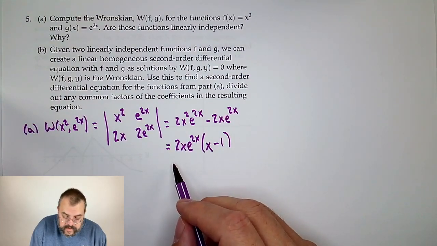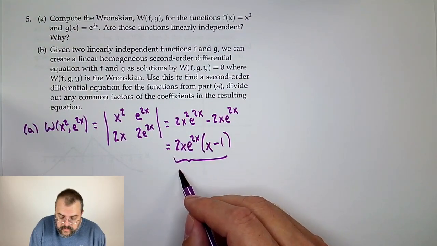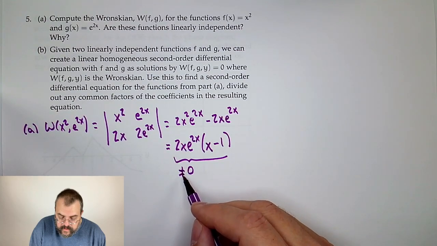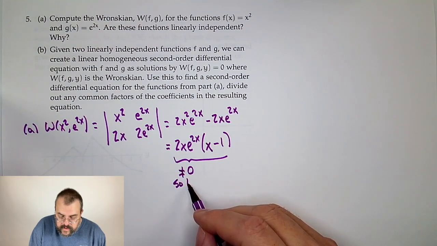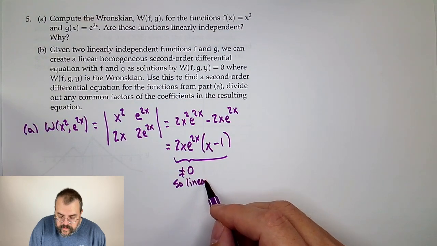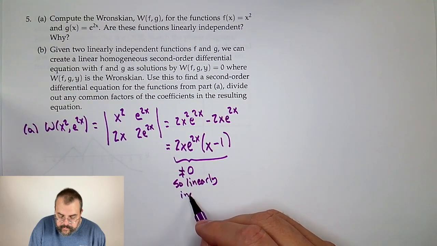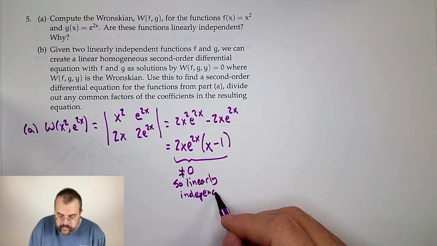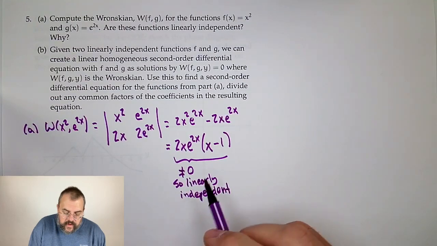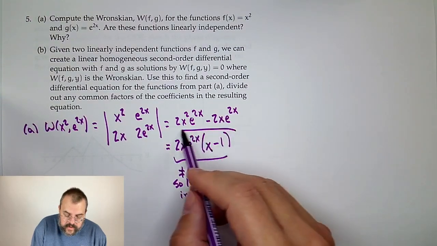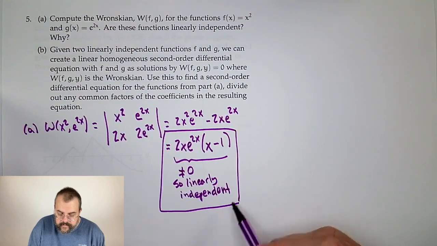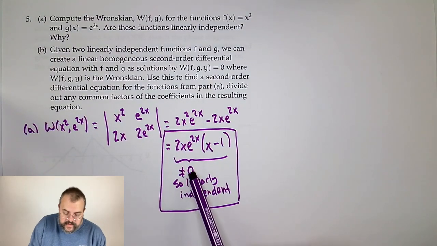Now, the key thing here, this is not 0, so linearly independent. So that's our answer for part A.